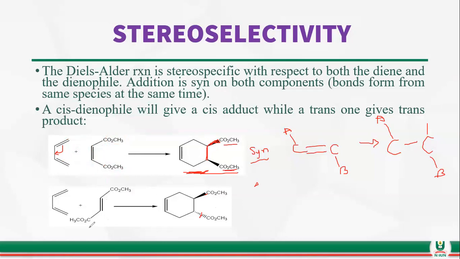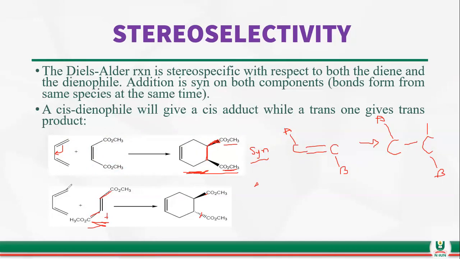And if you look at the second one here, the dienophile is here. The bulky group on the up is to the right. The bulky group on the carbon double bond at the down is to the left. And that shows that this dienophile is a trans one.